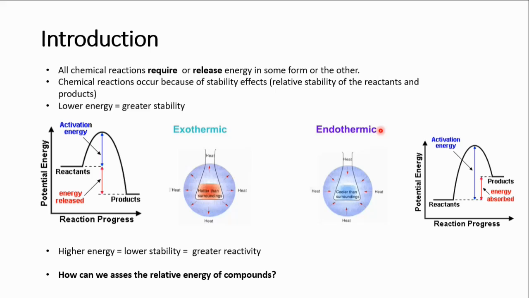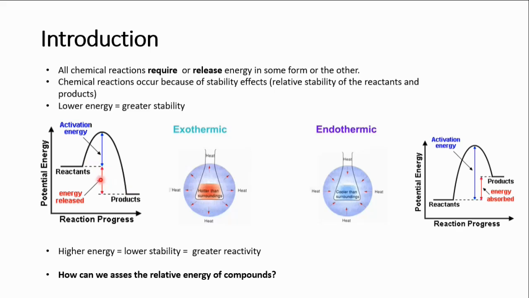Now, you can imagine an energy profile diagram for an exothermic reaction would look like this one here on our left. That is, the reactants are of higher energy than the products. And so it's almost like rolling a ball down a hill. As the reactants are reacting with each other to give you products, the product is lower in energy.